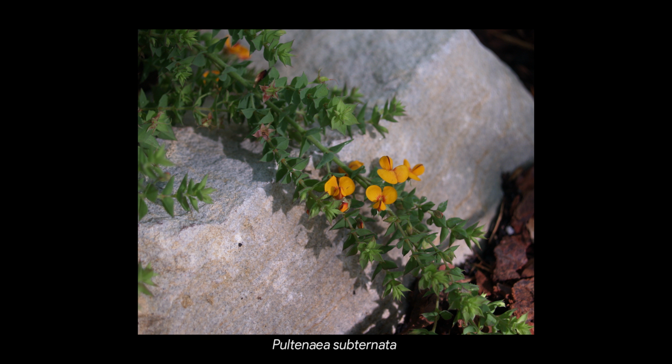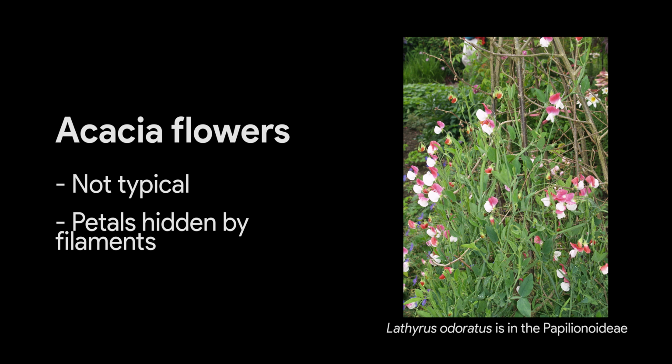Flowers do vary between the different subfamilies. However, in all of these subfamilies, flowers often have 5 fused sepals and 5 petals. Flowers are commonly arranged into an inflorescence or flower head, typically a compound raceme, but not always. Flowers do appear quite different in each of the subfamilies.